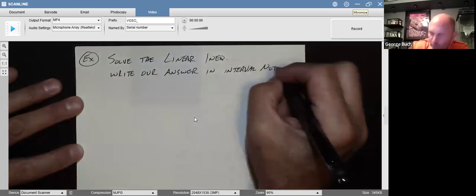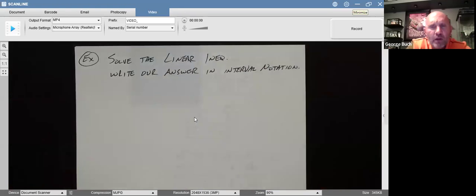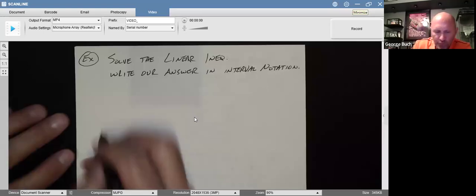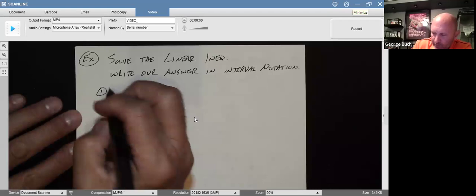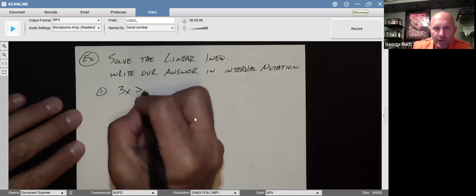So this goes back to lesson 1. When we write things in interval notation, it needs what? A parenthesis or a bracket. If our final answer here does not have a parenthesis or a bracket, it's not right. We want interval notation. So the first one, let's say we have 3x is greater than 4.